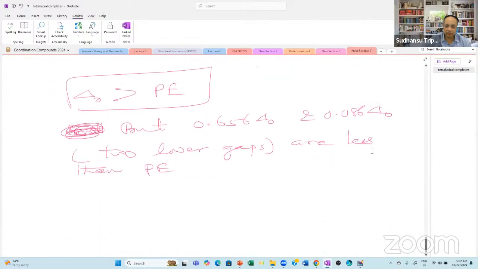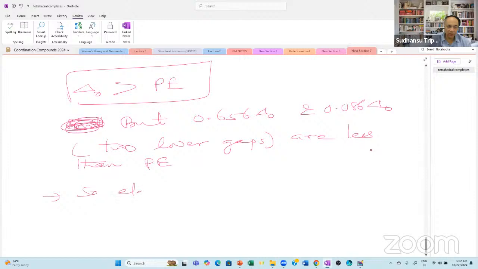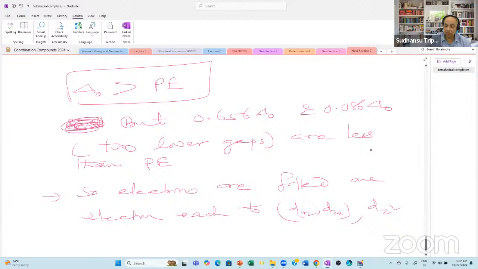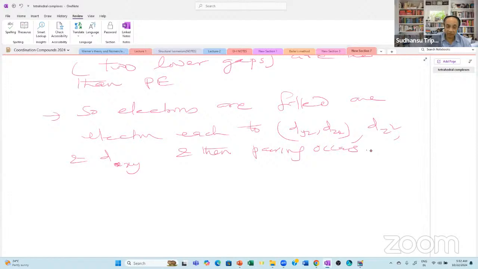So electrons are filled one electron each to dyz and dzx, that is one set. Then pairing occurs from below till dxy.